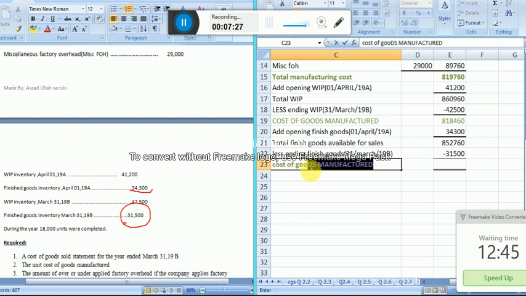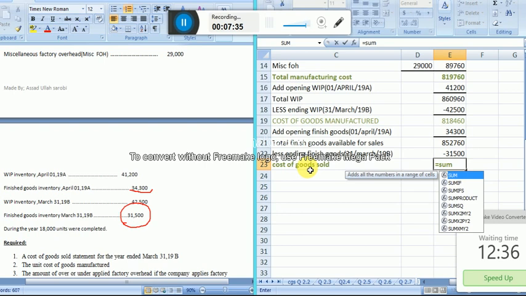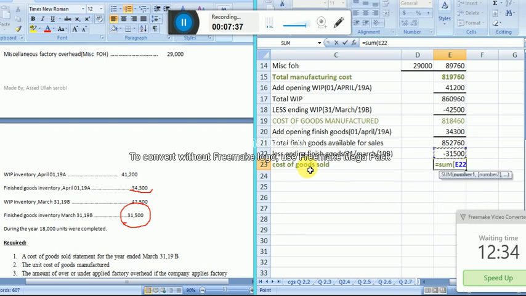Cost of goods sold: 8,52,760 minus 31,500.